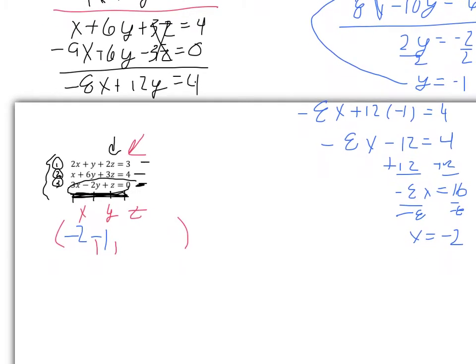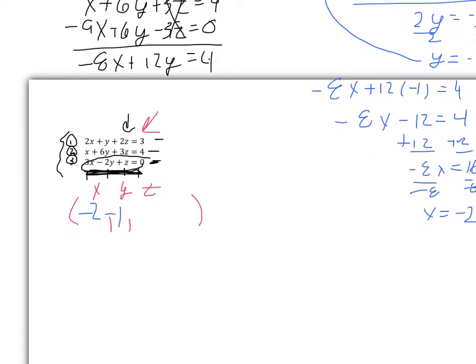Now, in order to get our z, we need to plug x and y, or at least some of these, back into something that has a z in the equation. So, we've been having really good luck with this third equation, so I guess I'll just plug it in here. So we have our 3 times our negative 2, that's our x, minus 2 times negative 1, that's our y, plus z equals 0.